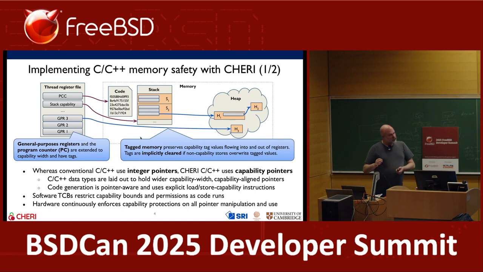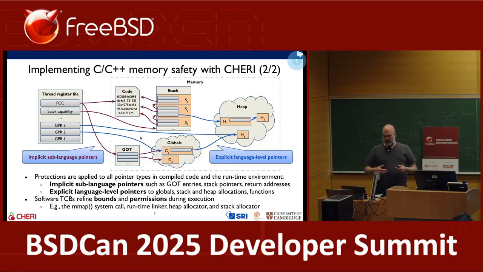In addition to these explicit pointers that you think about as a programmer, we also protect implicit capabilities. So your return address that's stored on your stack, vtable entries in C++, and your GOTs and the like are also capabilities.